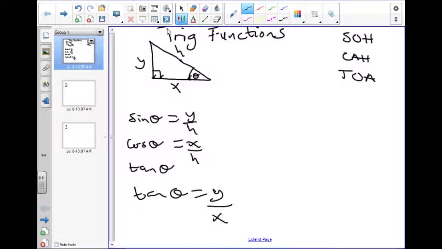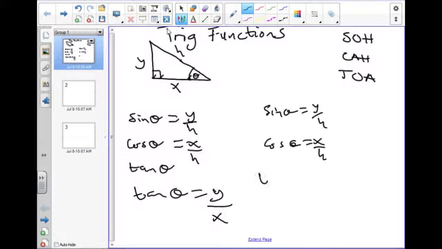Now, another way to find tan theta is to have sine theta divided by cosine theta. Let's look at this. In our case here, we have sine theta to be y divided by h, and then we have our cosine theta to be x divided by h.